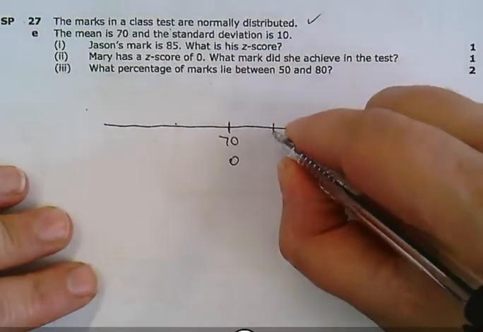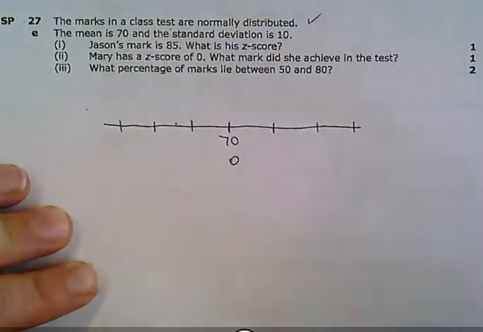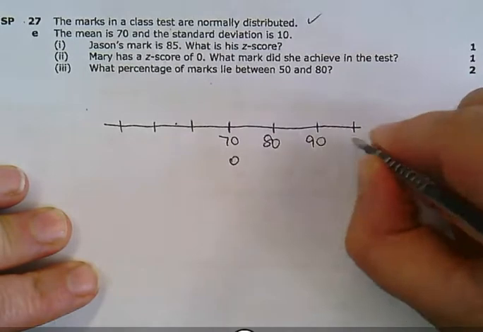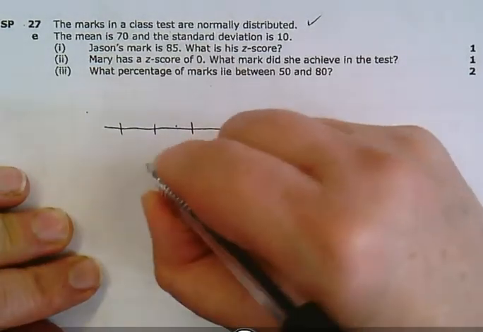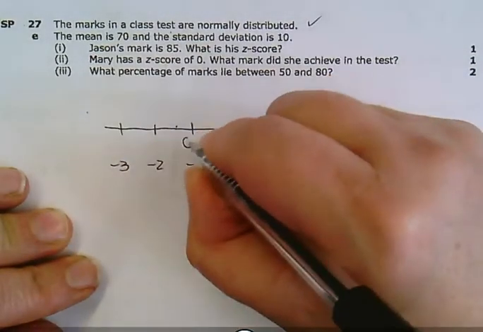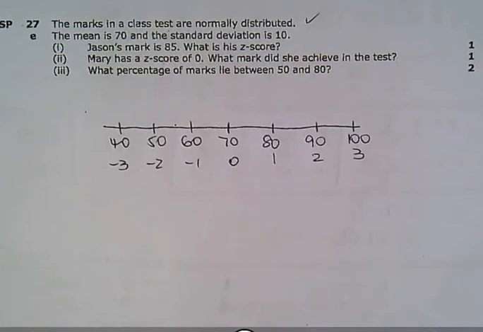And the standard deviation is 10. What's the next thing I put? 80, 90, 100, 1, 2, 3, yeah? -1, -2, -3, and keep going down 10. All right. So that gives me my picture of the whole thing.